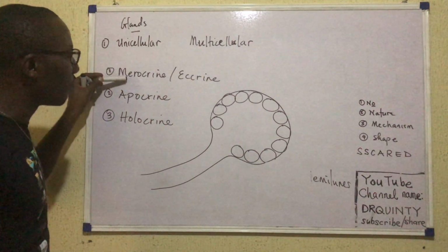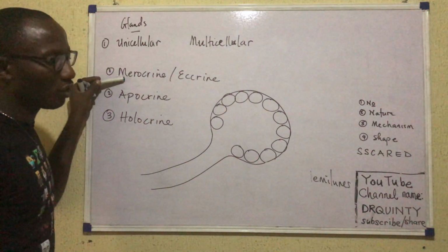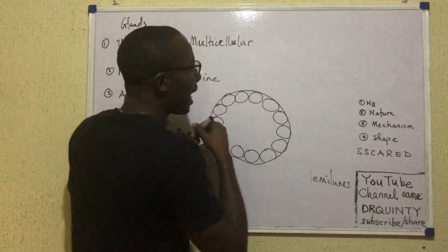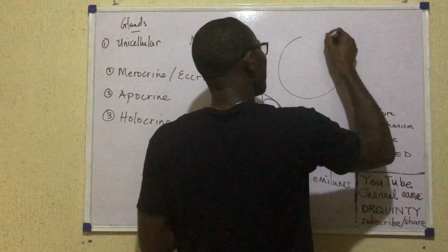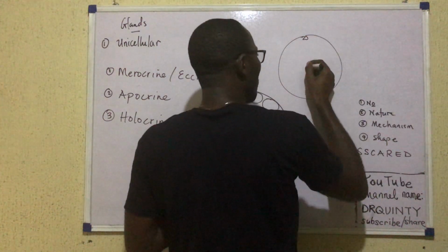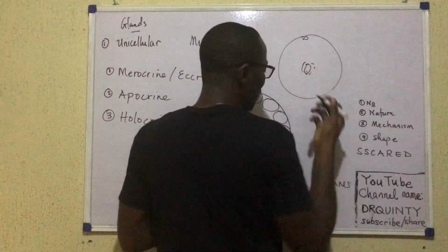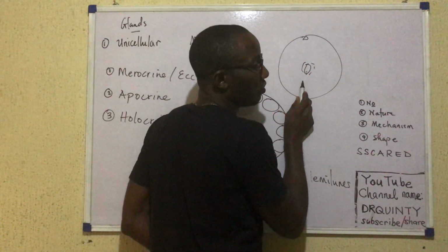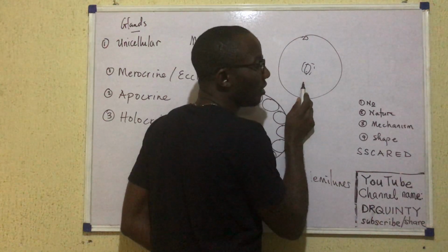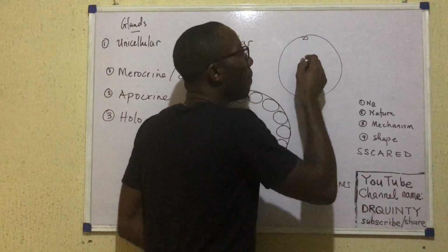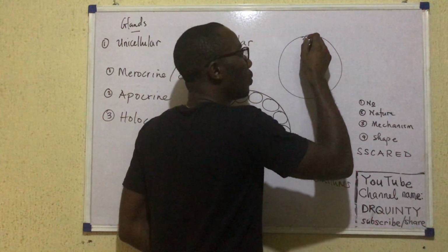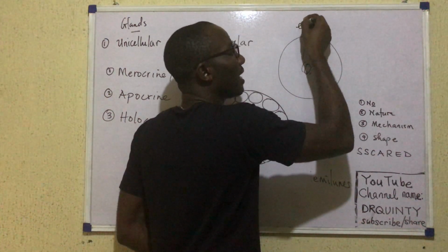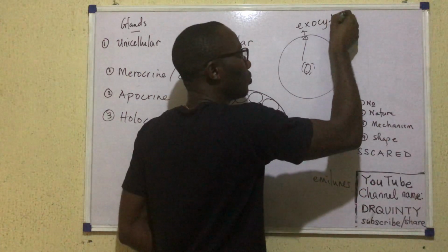In the case of merocrine secretion, if you bring one of these cells out, this is the cell, and you remember the basics of cell biology. When a cell is done secreting things, materials are able to go out of the cell by a process called exocytosis.